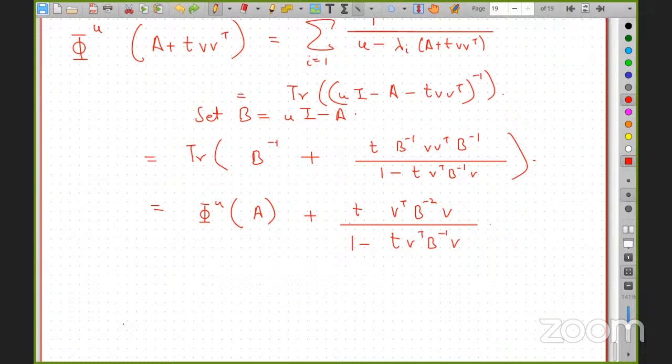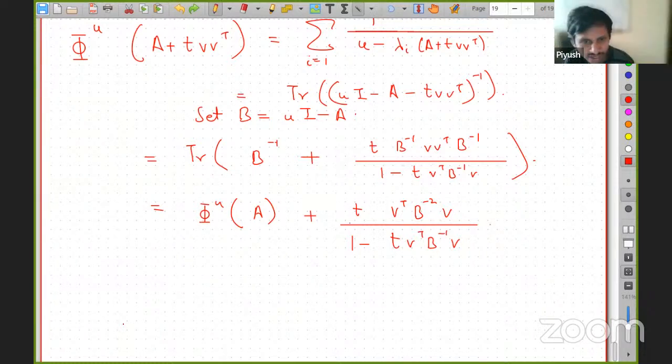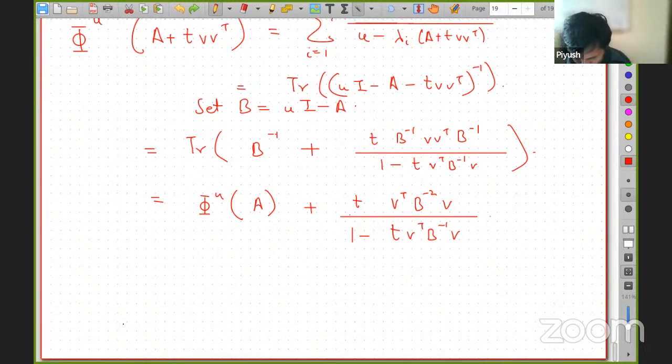So the rank one update seems to be manageable. Let's now put our u plus delta here.